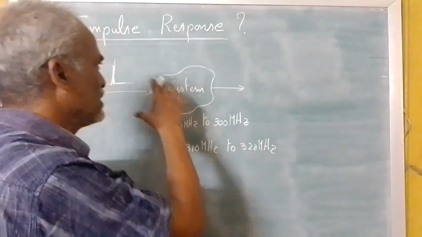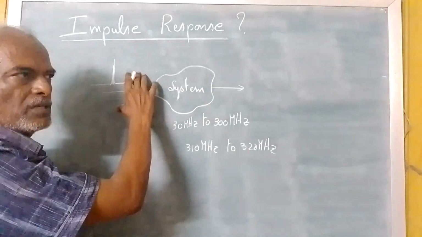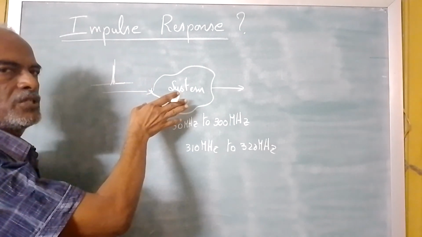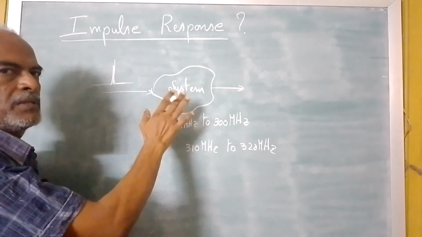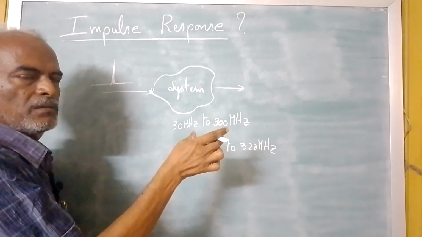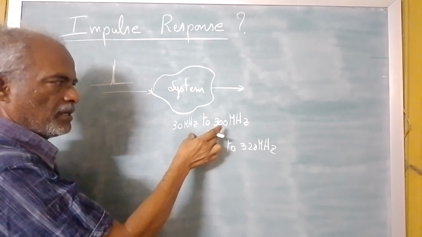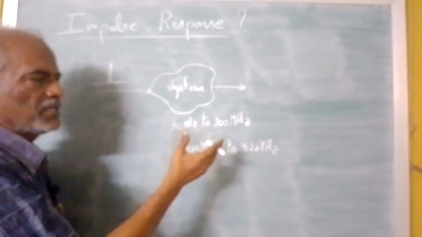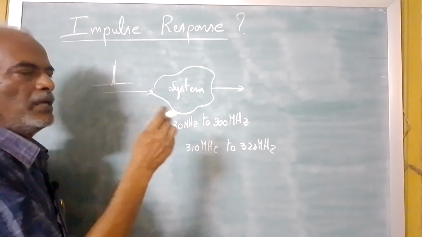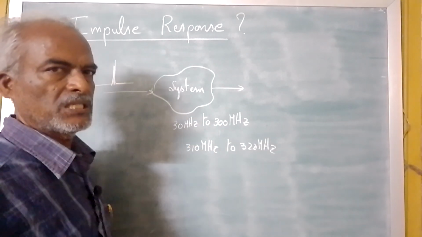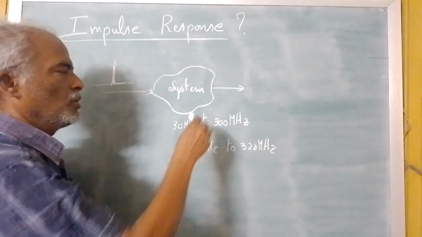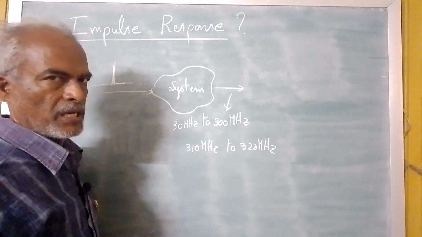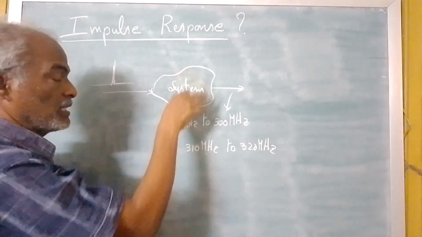This is the worst signal, meaning it contains all the frequencies. All the frequencies go into the system, but the system has a particular bandwidth, a range of frequencies that depends on the design. We can view the system as a band pass filter. So at the output you will get 30 megahertz to 300 megahertz, and all other frequencies are rejected by the system.